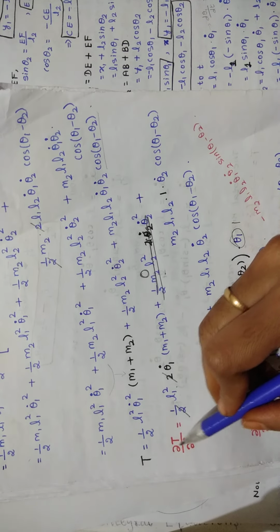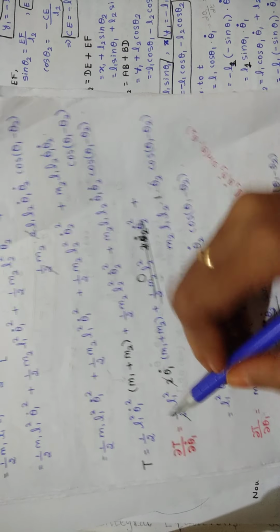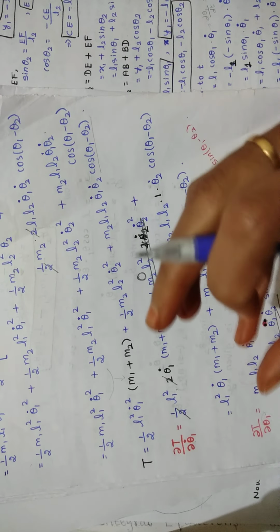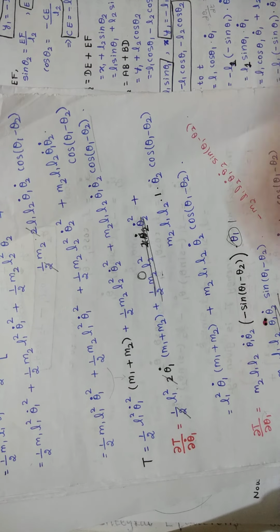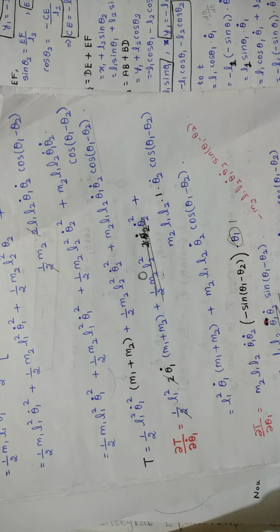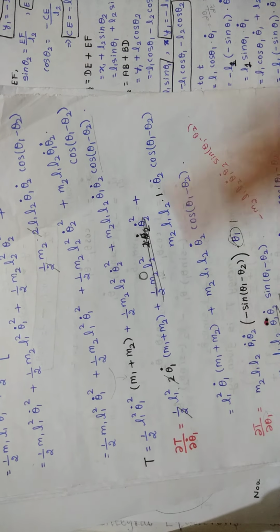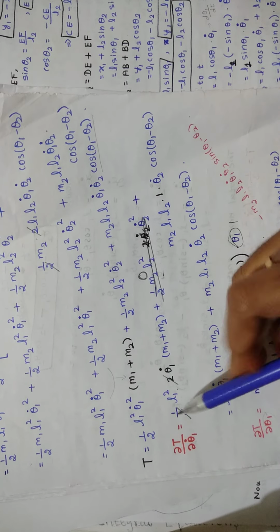So here, when finding dou t by dou theta 1 dot, concentrate on the theta 1 dot term. In those terms only you will make the difference. If there is no theta 1 dot, then that term will become 0. I hope you understand. So here you look at this.